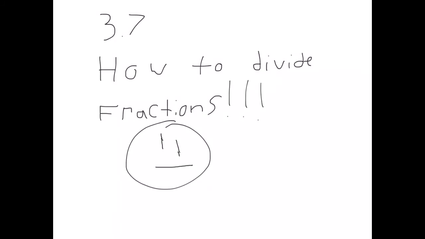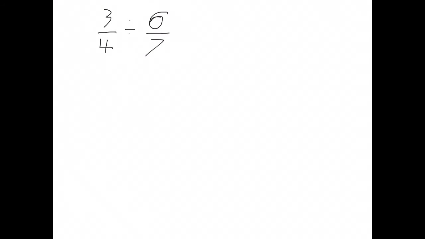So now I will be showing you how to divide fractions. So first, since we don't have a plain whole number, we don't have to change it into a fraction. So now all we have to do is turn the second number into a reciprocal.